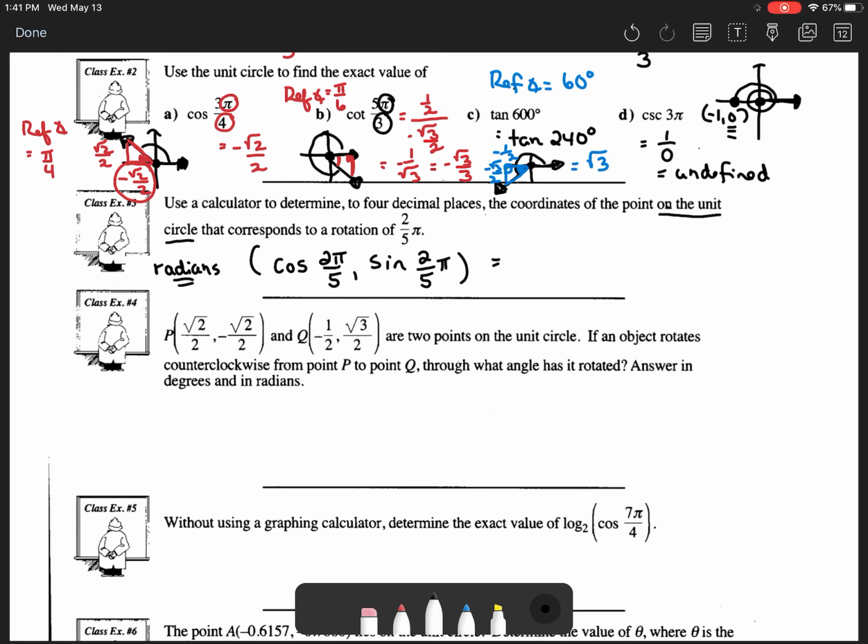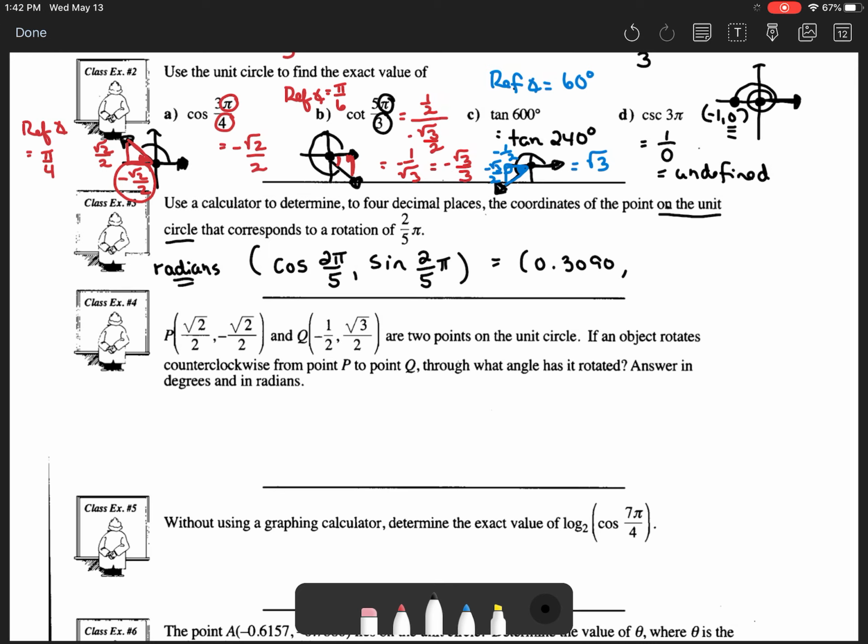So I would make sure my calculator is in radian mode. So go to mode, go down to radian, make sure it's in that correct mode, and then 2 pi divided by 5, cosine of my answer, okay? So that is going to be 0.3090. They wanted it to 4 decimal places. And then the same thing for sine.